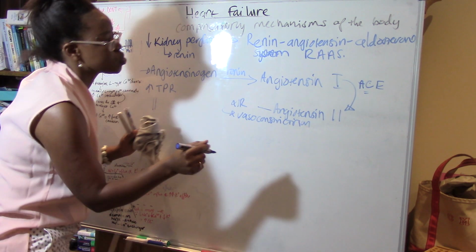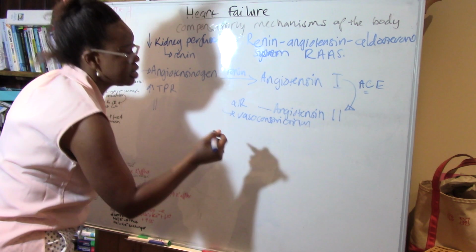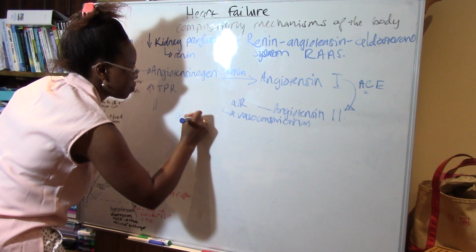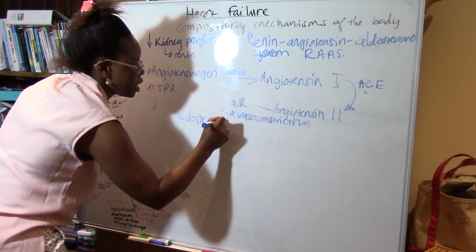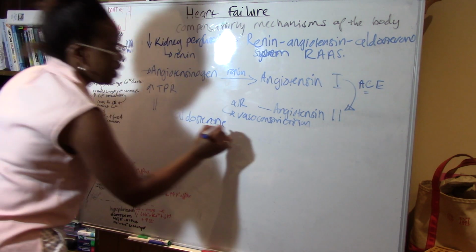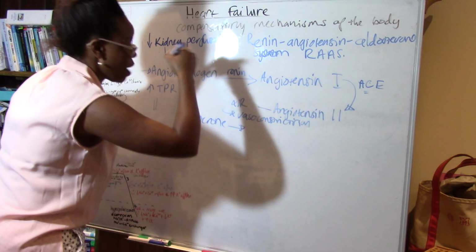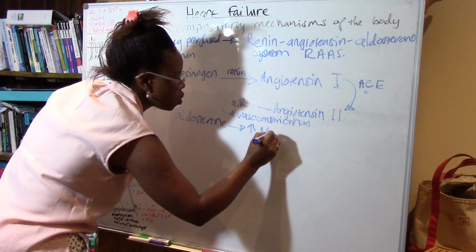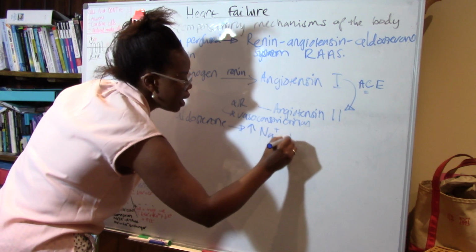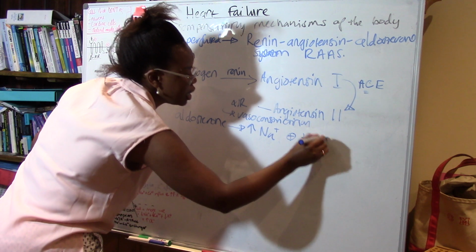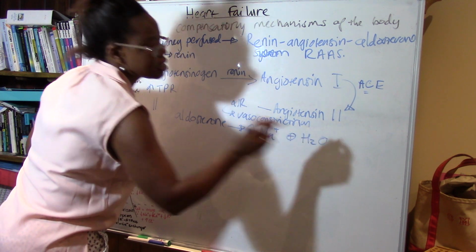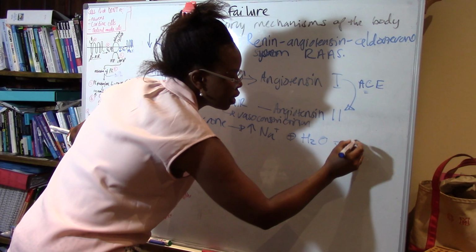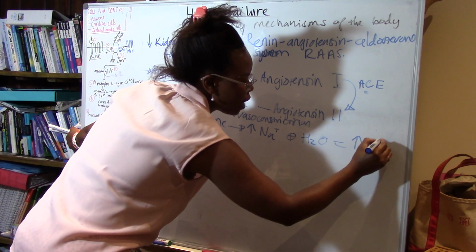Angiotensin 2 also stimulates the production of aldosterone. And aldosterone really works back in the kidney by increasing salt and water retention. And obviously in increasing salt and water retention, we're increasing the volume of the blood.